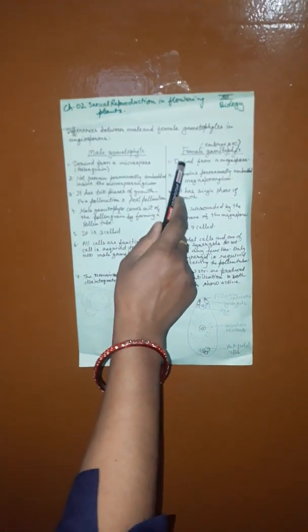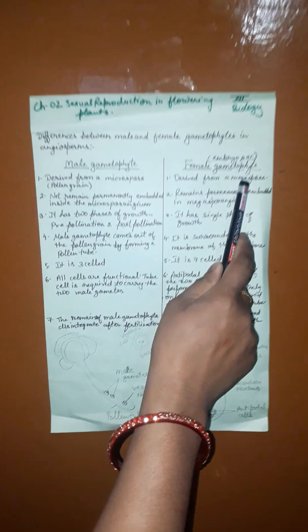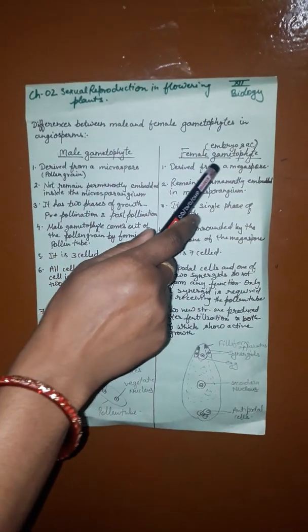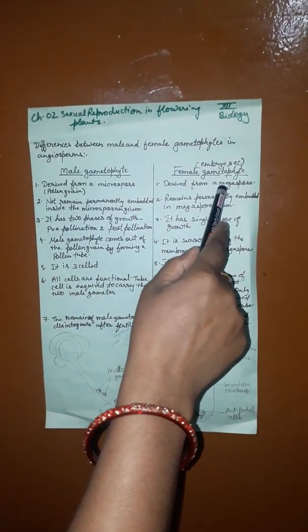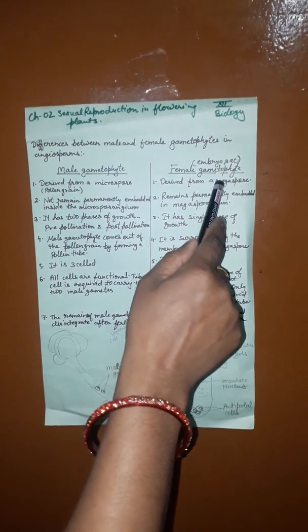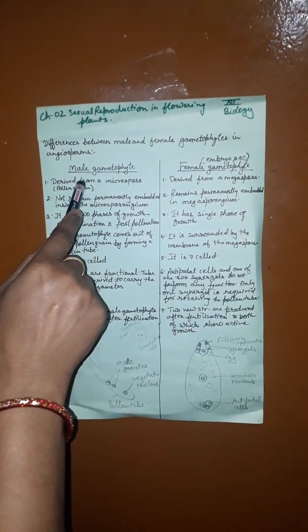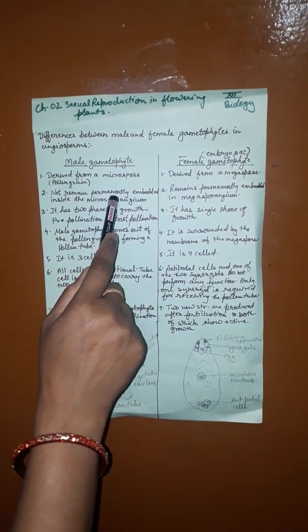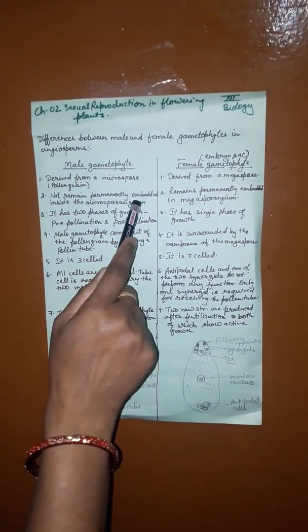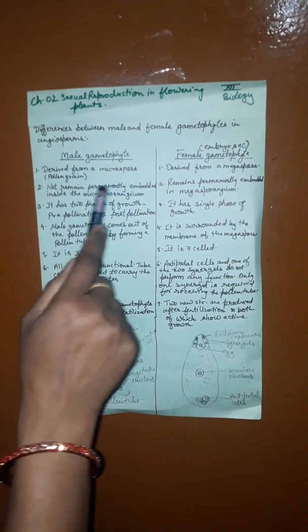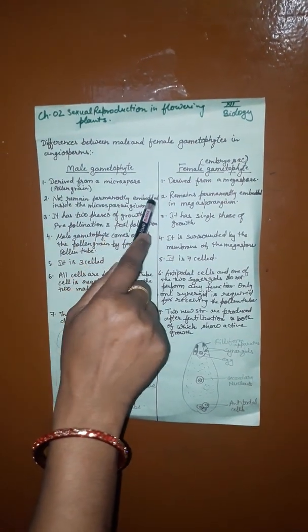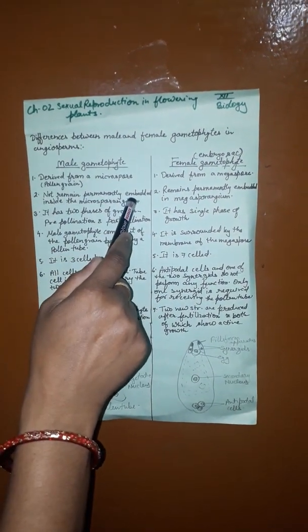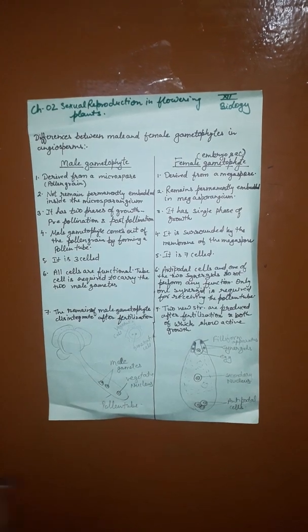The female gametophyte is derived from the megaspore. The male gametophyte is derived from the pollen grain. It does not remain permanently embedded inside the microsporangia in the structure of the anther.